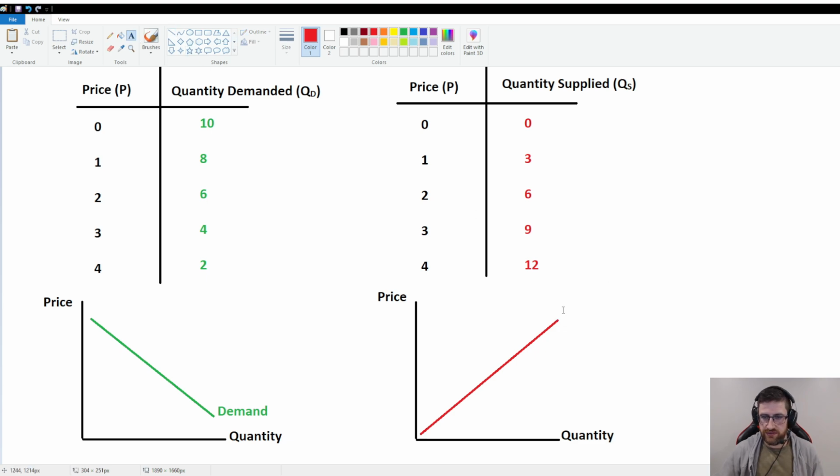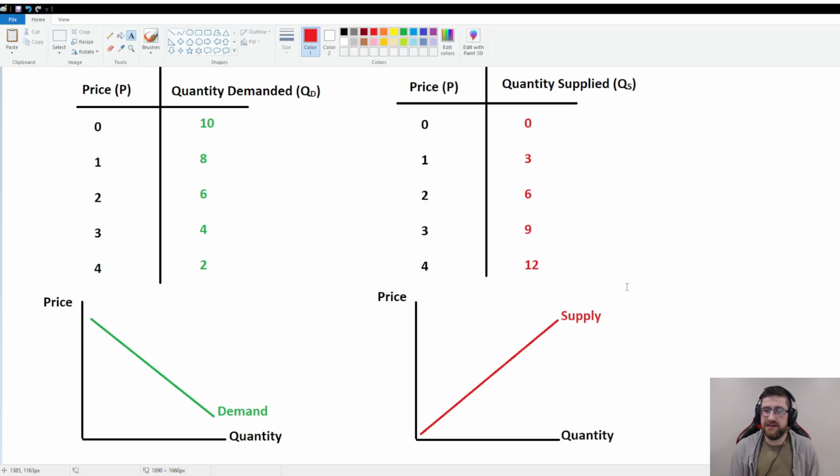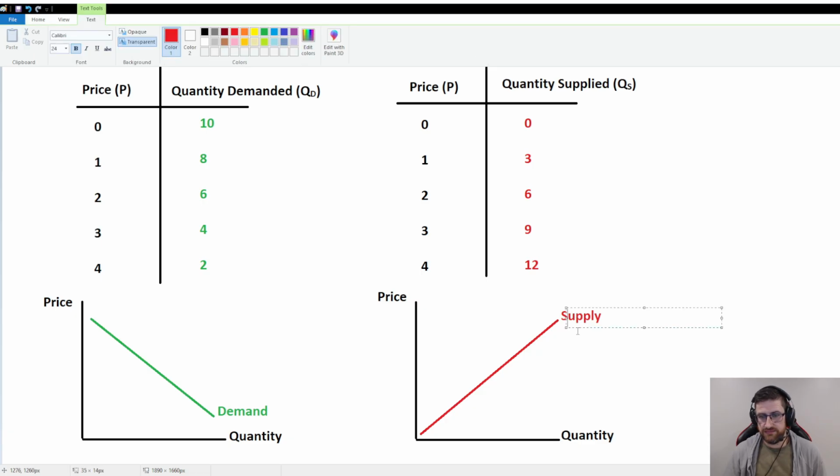And we end up with our supply curve. Now, just like demand, again, this will always be upward sloping. Demand is always downward, supply is always upward. I used to not have a great way to remember this or teach students, but a simple one is just supply has the word up in it, right? It's up in the word, so the curve goes up.